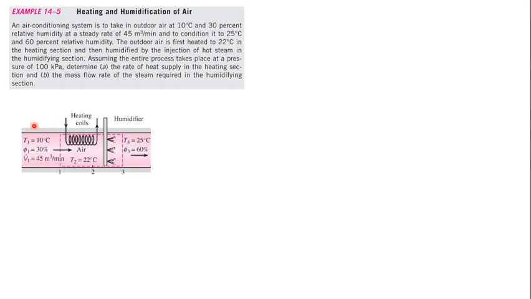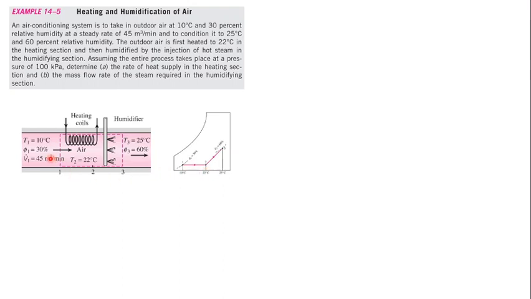Right? So this is the condition at the inlet. This is the condition towards the end of the heating process, and this is the condition of the outlet of the air conditioning system. And as for the psychrometric chart, these are the processes. Section 1-2, heating process without any humidification.